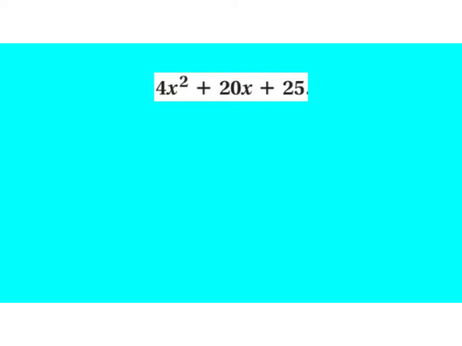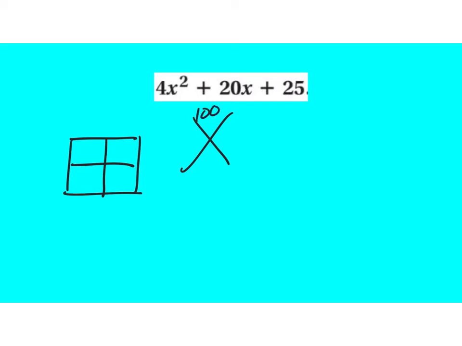Same thing here. We are going to draw a box in our X puzzle. I'm going to multiply 4 times 25, which is 100. And then I need a sum of 20. So my first and last terms would be 4x squared and 25.